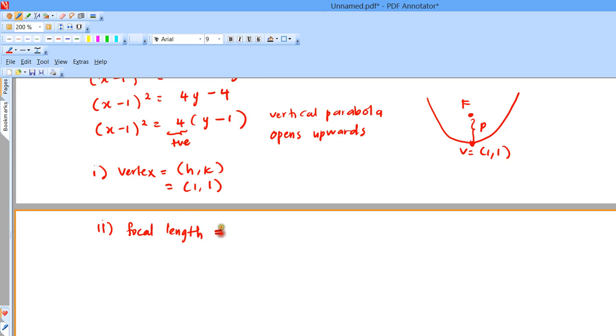Focal length p equals, just need to set 4p equal to this value, we have p equals 4... so p equals 1. Since we have p equal to 1, when we move upward, it means we need to move the value of y. So we have (1, 2).